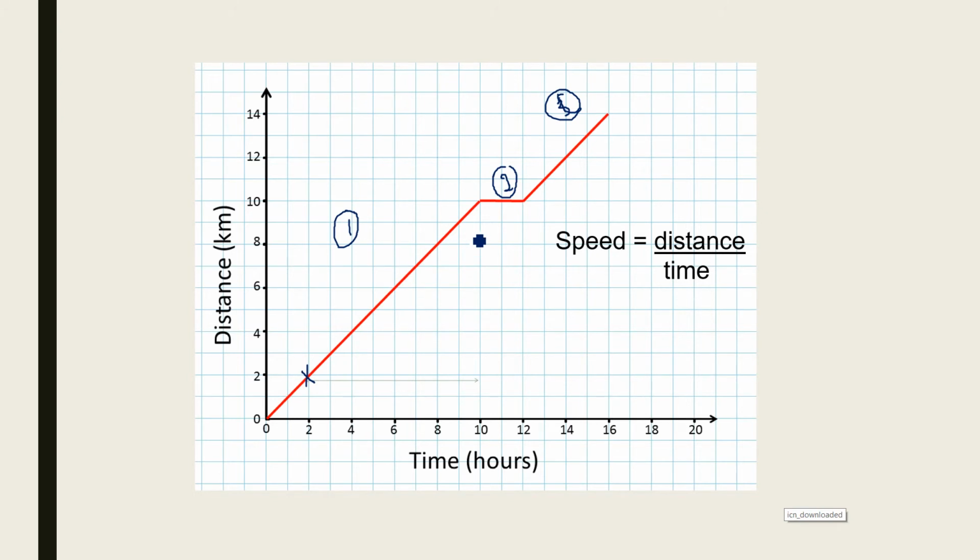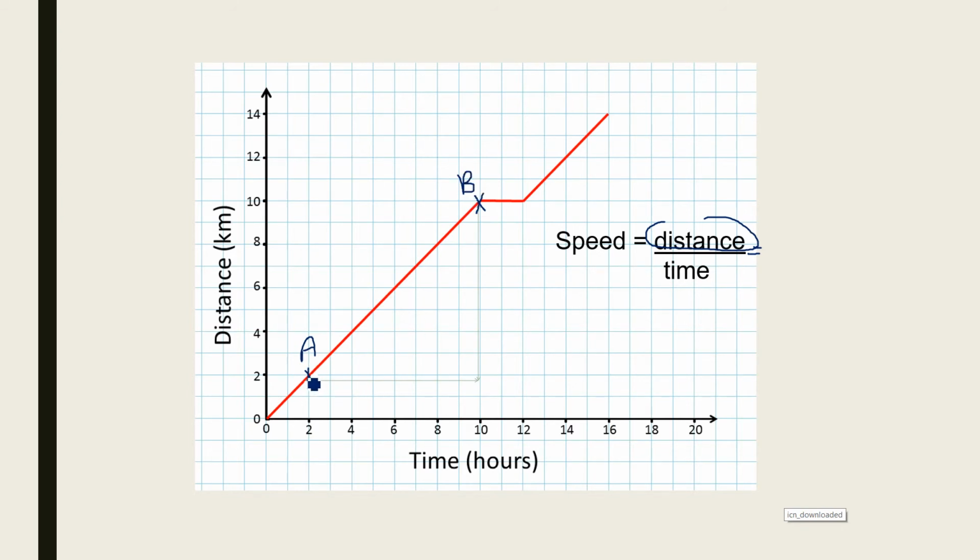So choose 2 points on the graph. Let me choose this point and this point. Distance over time. Tell me, girls, what is the distance covered between these 2 points, point A and point B?